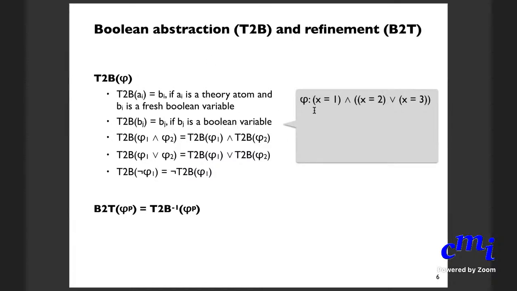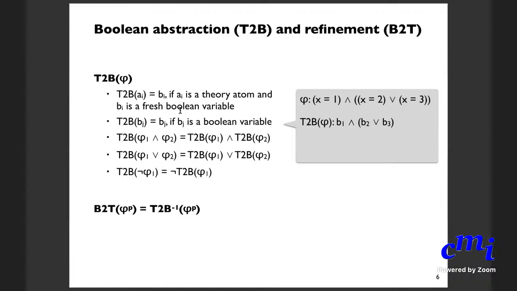So consider this formula. This is a formula in, say, linear integer arithmetic. It's a formula in CNF. So the atomic formulas are these. The Boolean abstraction by T to B is exactly this. So every atomic proposition in the original formula I replace by a distinct propositional variable.